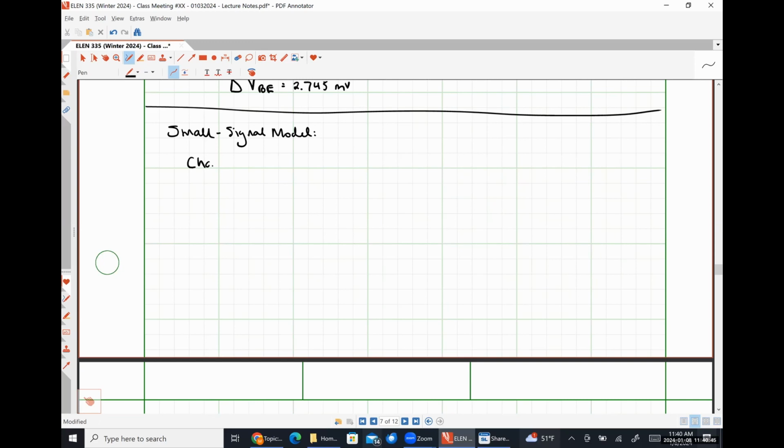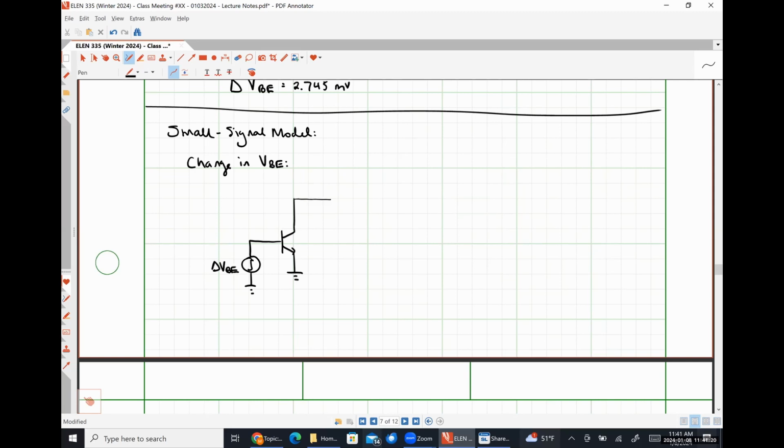So effectively, if we introduce a change in VBE, we're going to have something like this. I'm going to call this voltage source delta VBE.